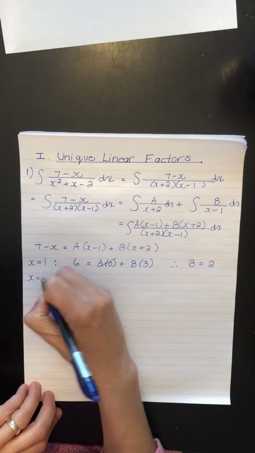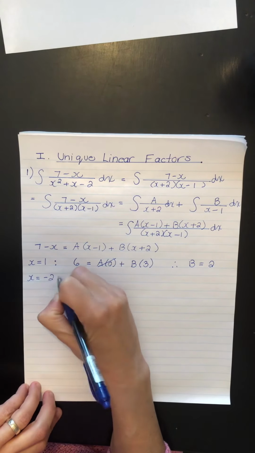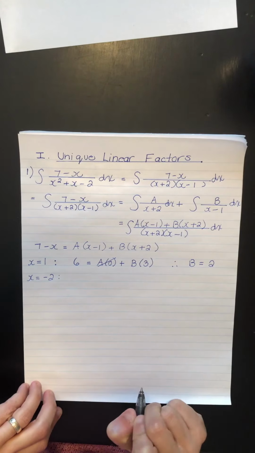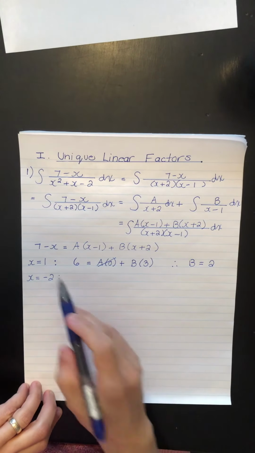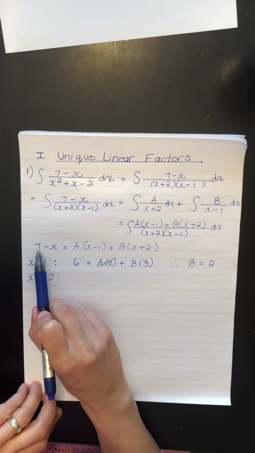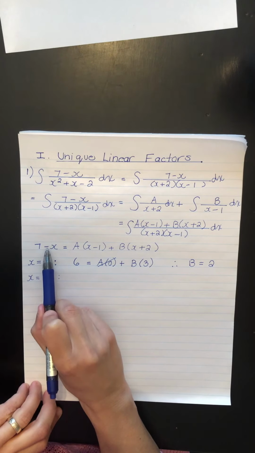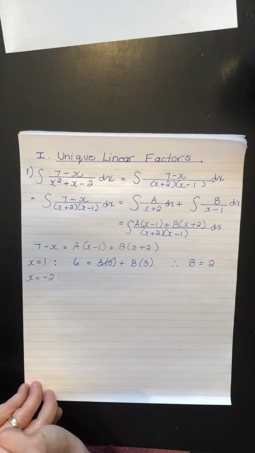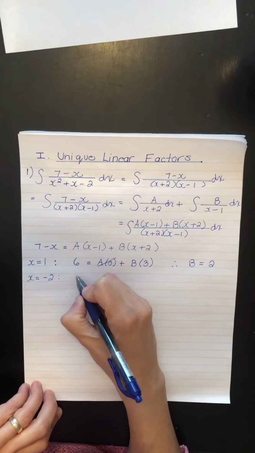Next, substitute our second root, which is -2. On the left side, we would then have 7 minus -2. And that's the same as 7 plus 2, or 9.